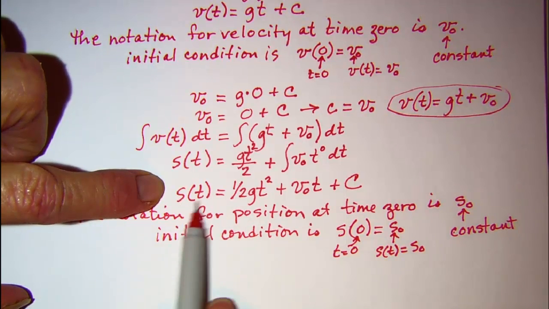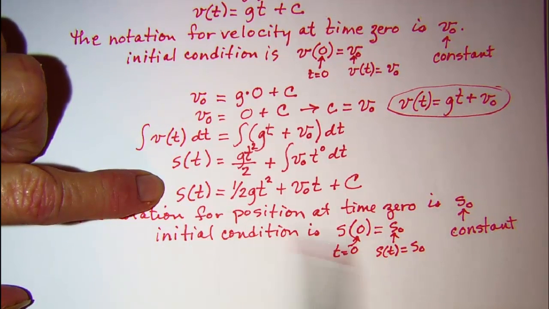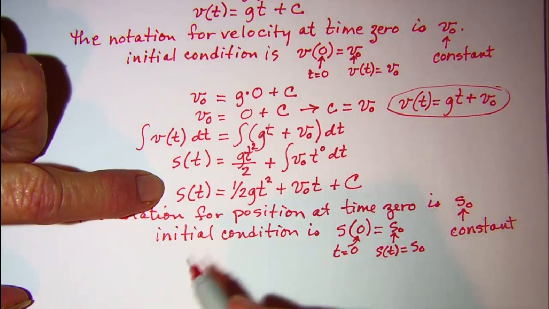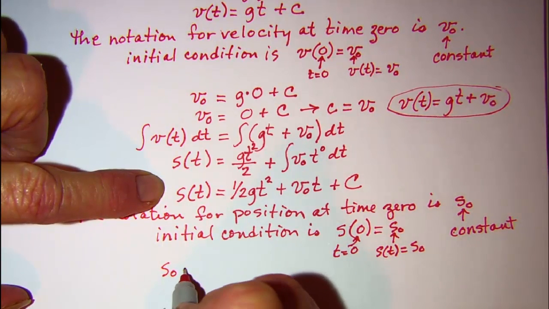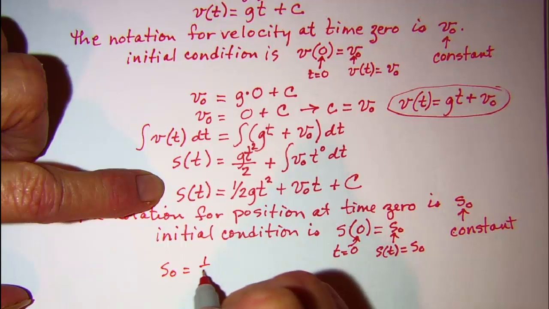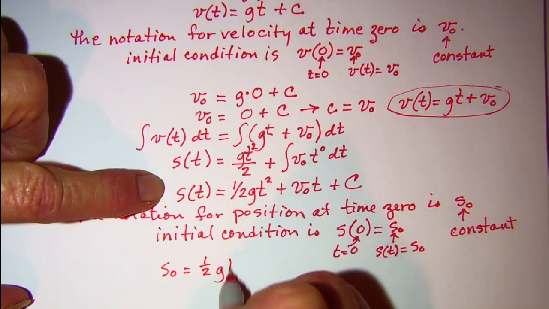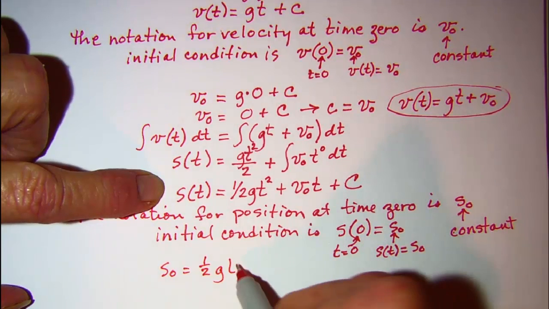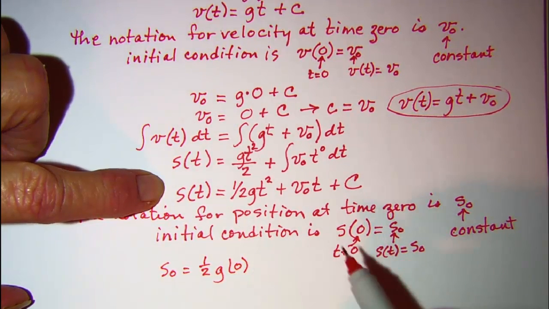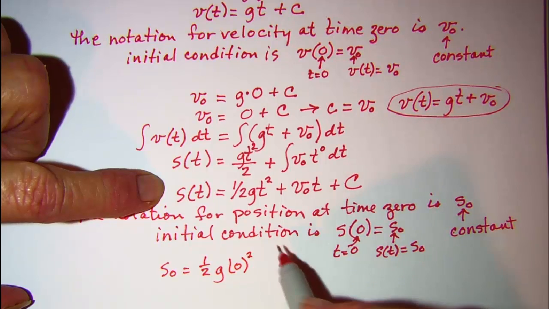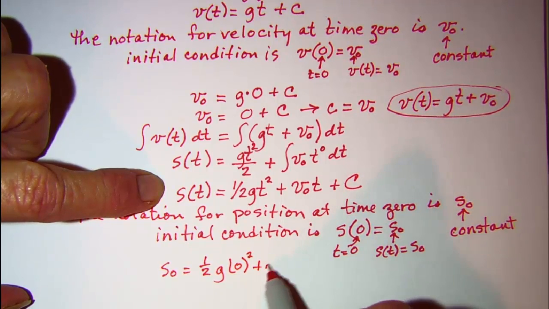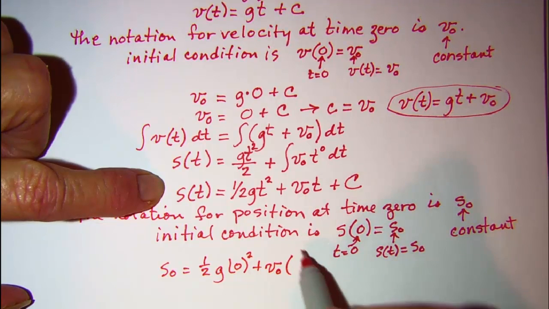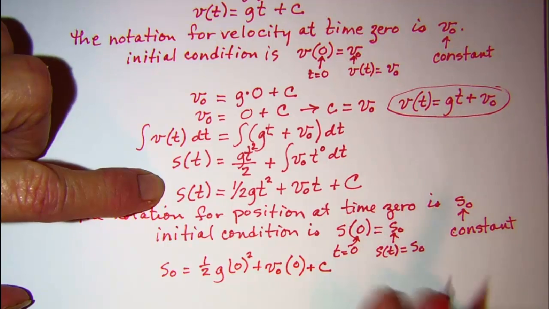So in place of s of t, I'll write s sub 0 equals 1/2 g. In place of t, I want 0, and that's squared, plus v sub 0 times 0 again, and then plus our constant.